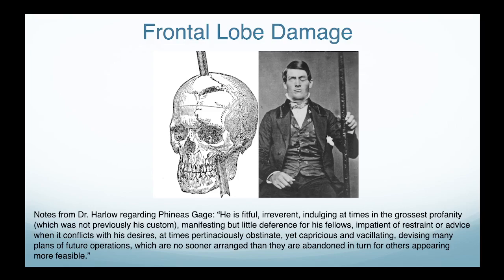During his job, one of the spikes being placed out in the field, the dynamite wasn't going off. So he had to go out there to inspect what was going on. He tapped on this railroad spike, which unfortunately triggered the stick of dynamite to go off, sending this gigantic steel rod through his frontal lobe.